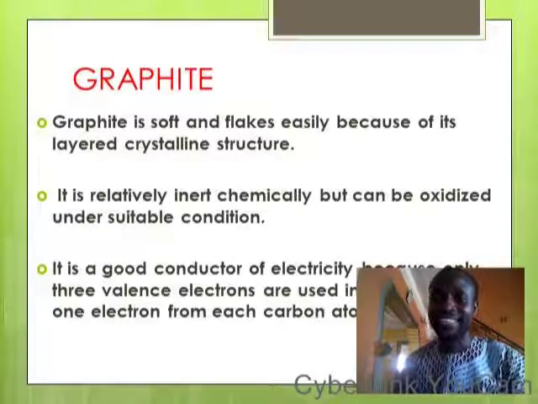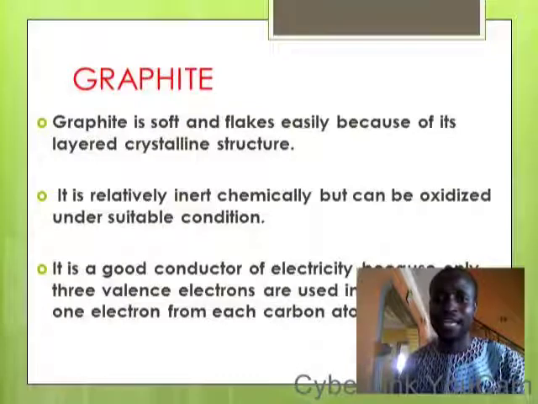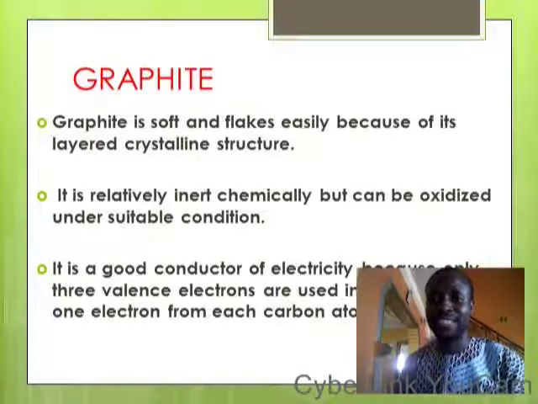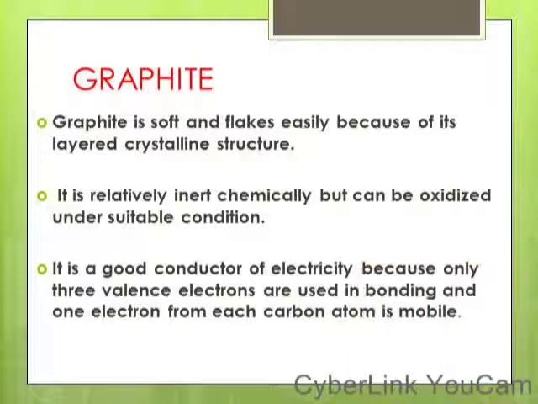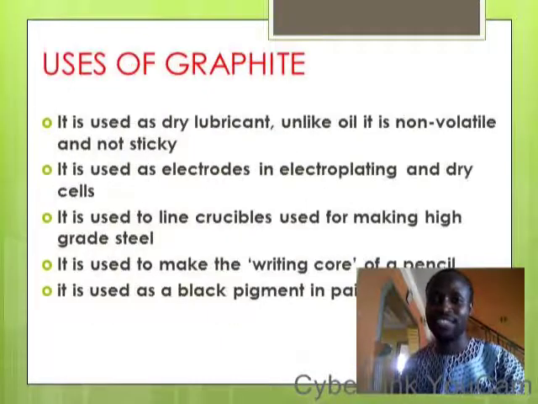It is relatively inert chemically, but can be oxidized under suitable conditions. It is a good conductor of electricity because only 3 valence electrons are used for bonding and 1 electron from each carbon atom is mobile. That's why it can conduct electricity.